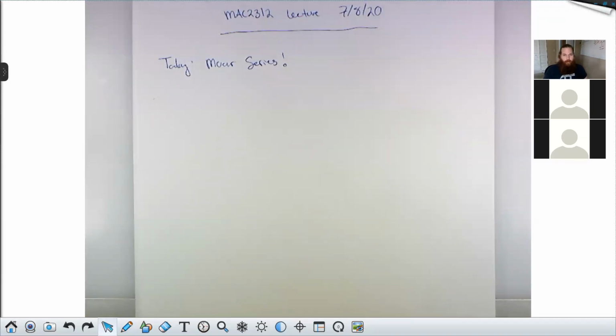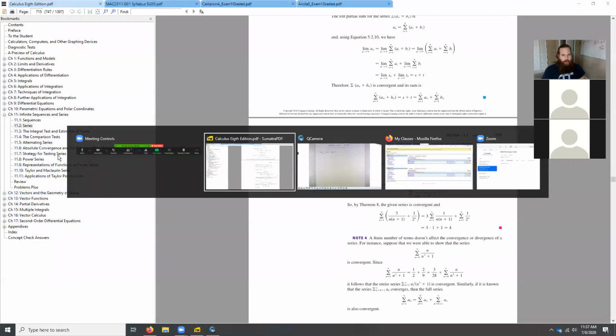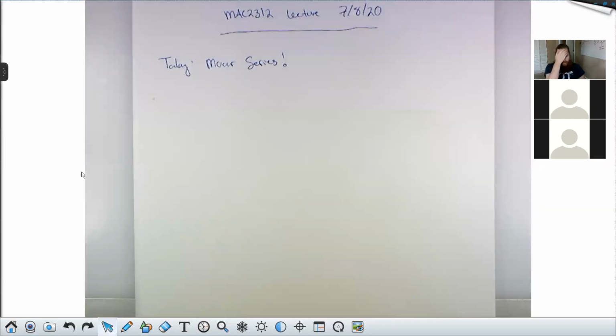And we are going to cover all of chapter 11. When we finish with section 11.7, maybe a little bit of 11.8, we'll be ready for test 2. So that's where we're going. Again, test 2 is most likely going to be the week of the 20th, so 2 weeks.